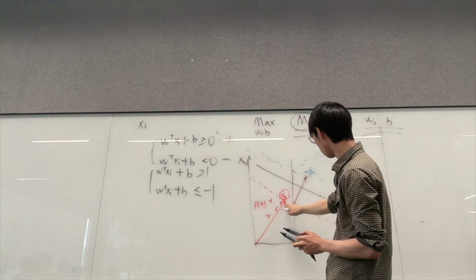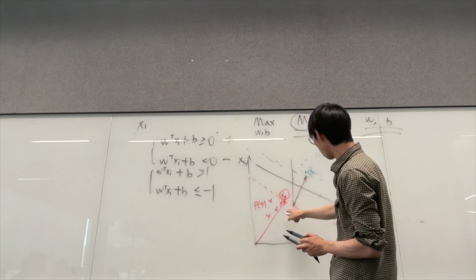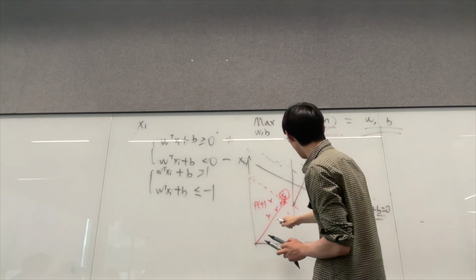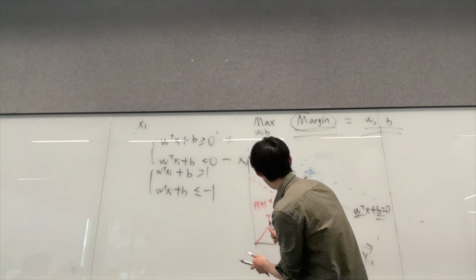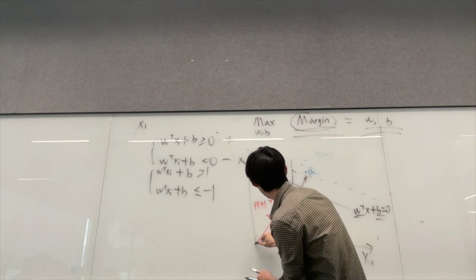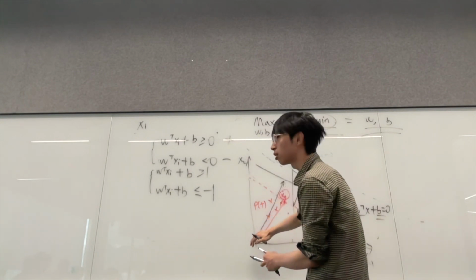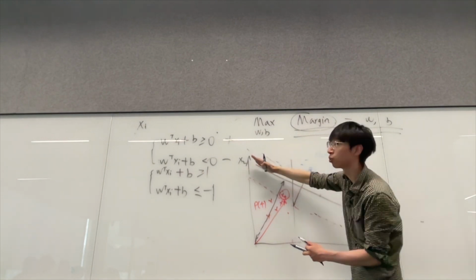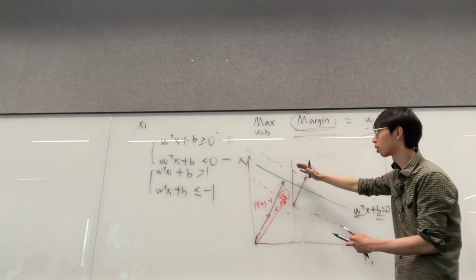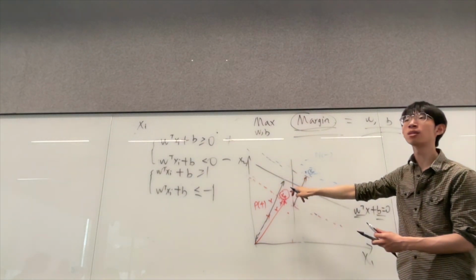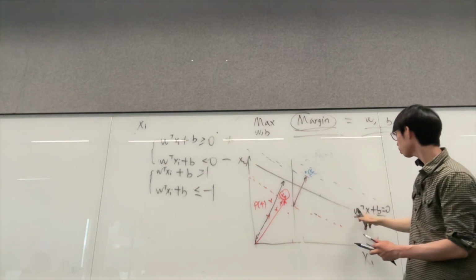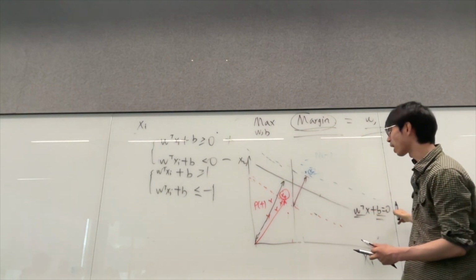Then what I want to do is find this vector. This vector is perpendicular to these three lines. What's this vector? Do you know that? This is W transpose x plus b.